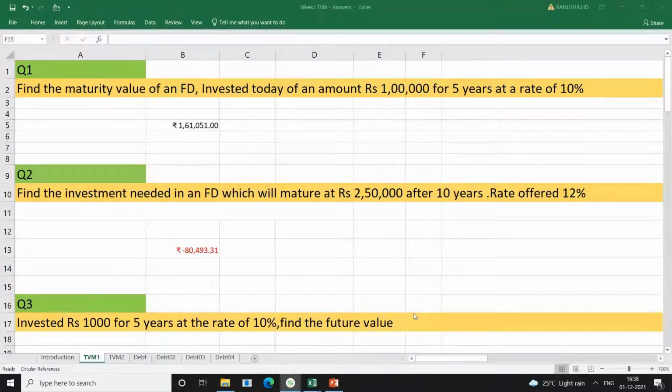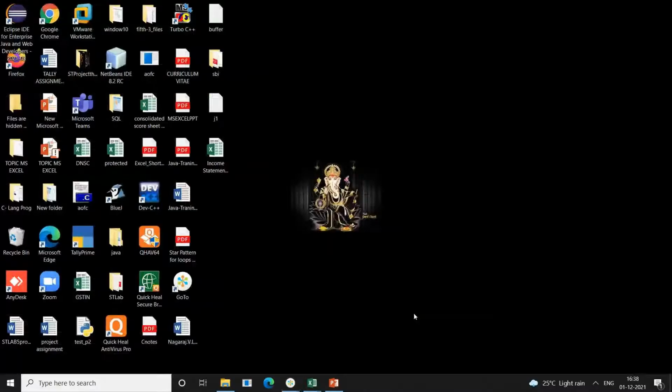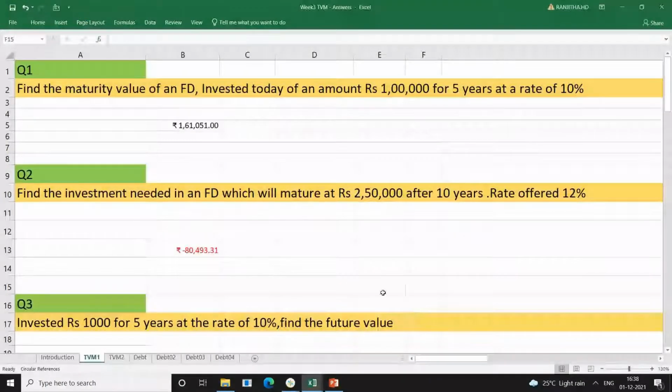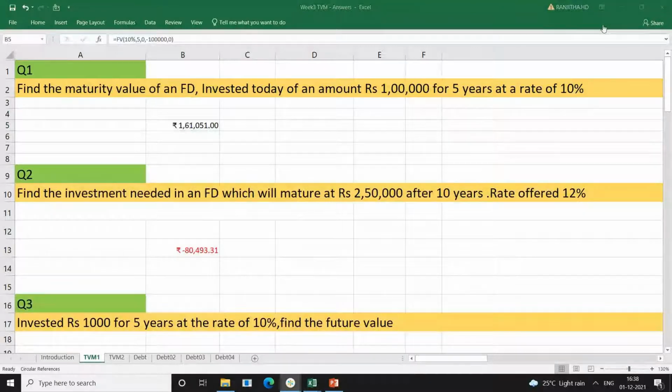So the first answer is 1,61,051 rupees. Everyone got the same answer? Okay.